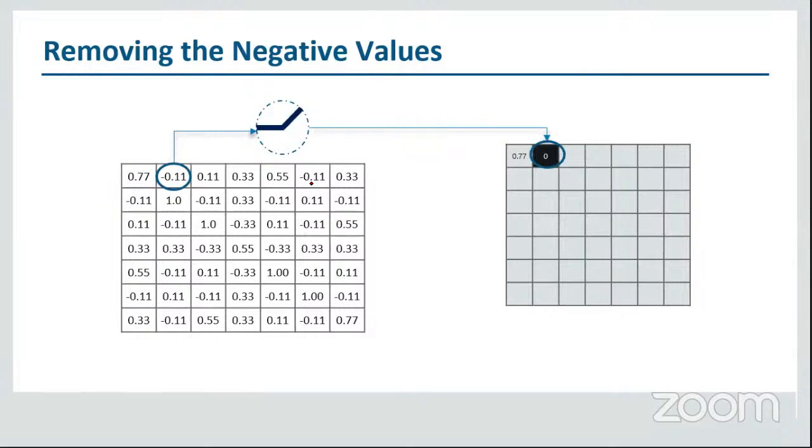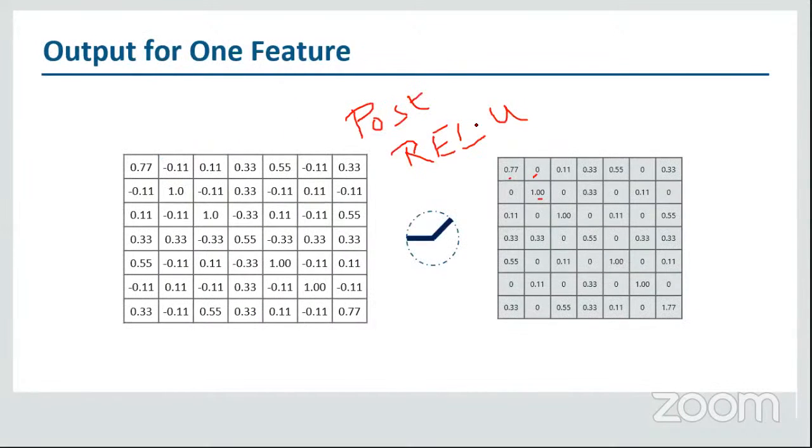If I see all my values which are negative, they get substituted by zeros. This is how I get my values in my ReLU layer. So this was negative, this was negative, this became 0, this became 0.